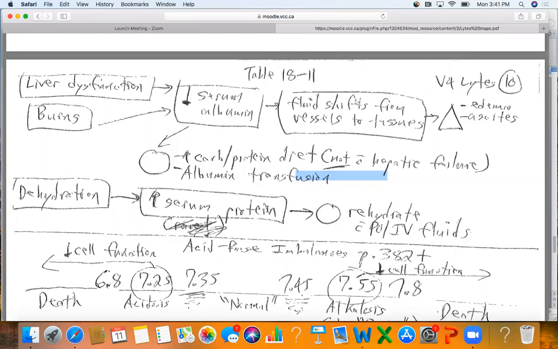Why is that? Because the increased serum protein has increased oncotic pull. It's now become a hypertonic environment. Anyways, the long story short is the circle is, of course, rehydrate if that's your only issue. All right, that concludes the video for this portion of the unit.